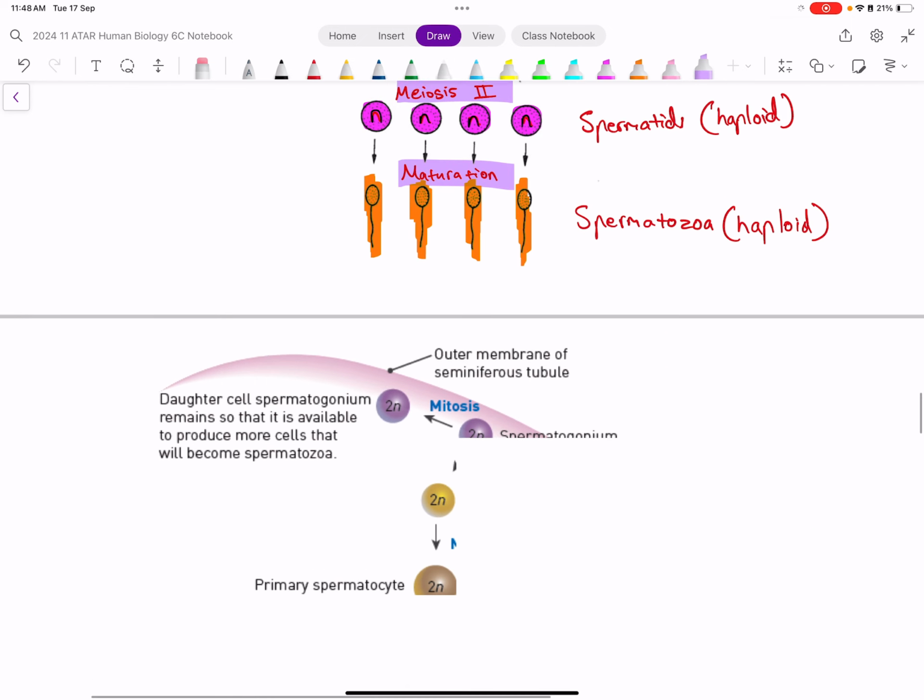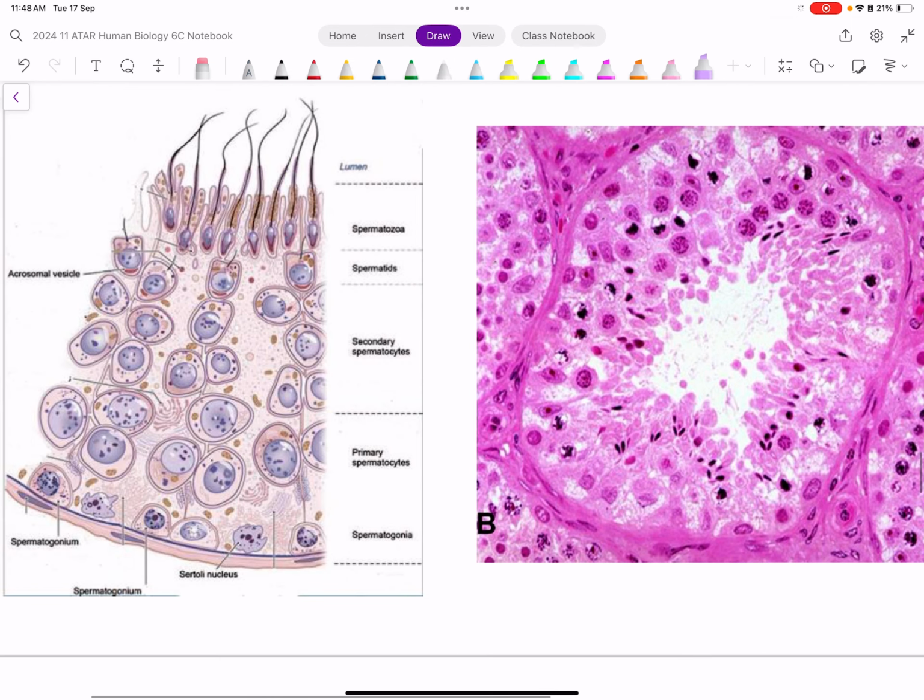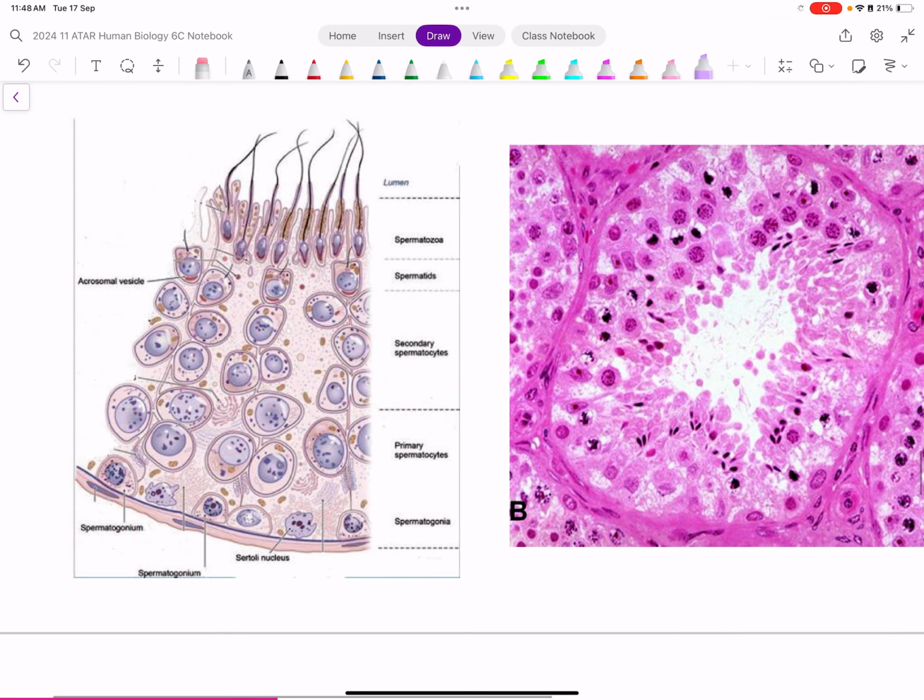So if we have a look down in this image here, we can see quite clearly now that these sperm mother cells or spermatogonia are really close to the external membrane of the seminiferous tubule itself.